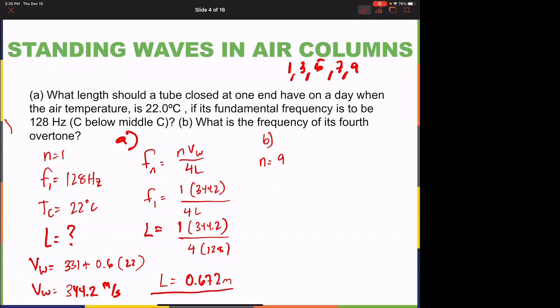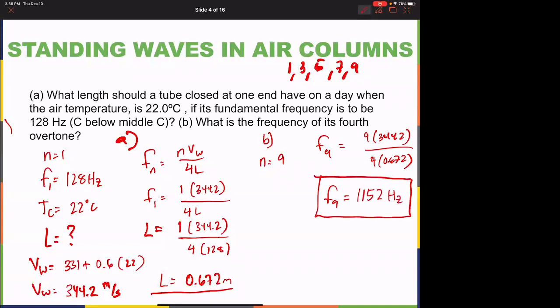So n equals 9 in part B. So it's saying what's the frequency of the ninth harmonic? F9 equals 9 times 344.2 over 4 times 0.672. 1152 hertz. That's how we solve that problem out.